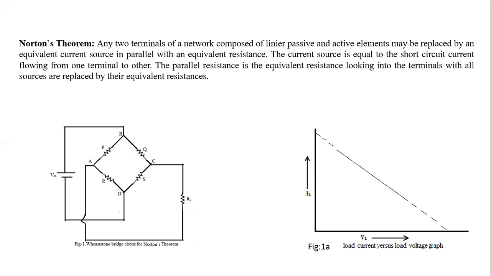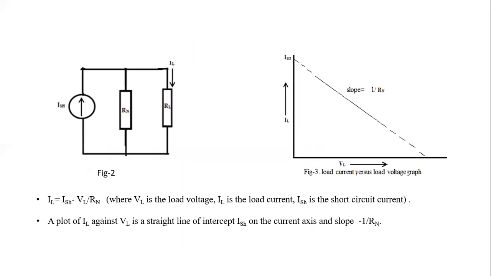So from this graph, after plotting this IL versus VL graph, if we extend the graph in both the x-axis and y-axis, where it cuts the y-axis, if we measure how much current is at the y-axis from this graph figure 1a, and if we compare that to ISH, that is the short circuit current, and if the values match, that means yes, Norton's theorem is okay, because this 1a graph and this figure 3 graph are matching with each other.